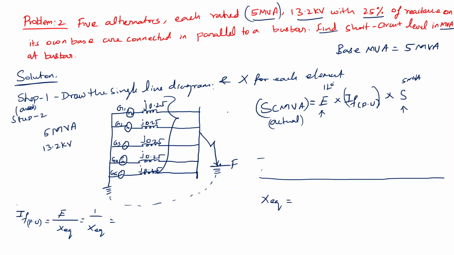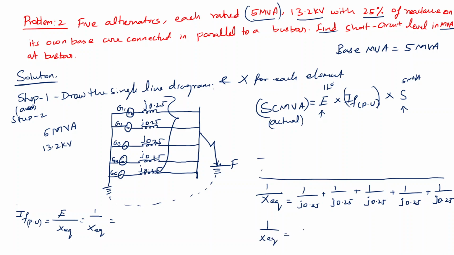All these 5 are in parallel, so I will take 1 divided by X equivalent is equal to 1 divided by j 0.25 plus 1 divided by j 0.25 plus 1 divided by j 0.25 plus 1 divided by j 0.25 plus 1 divided by j 0.25. So this is simply 1 divided by X equivalent is equal to, if I take LCM, 5 divided by j 0.25, and if I take the reciprocal, X equivalent is equal to 0.25 divided by 5.